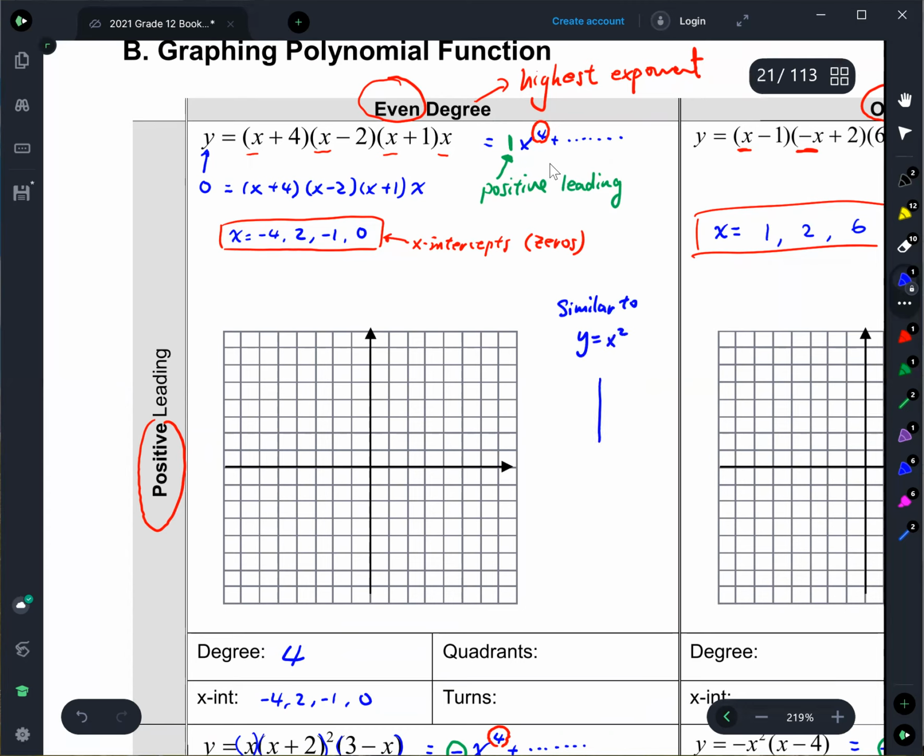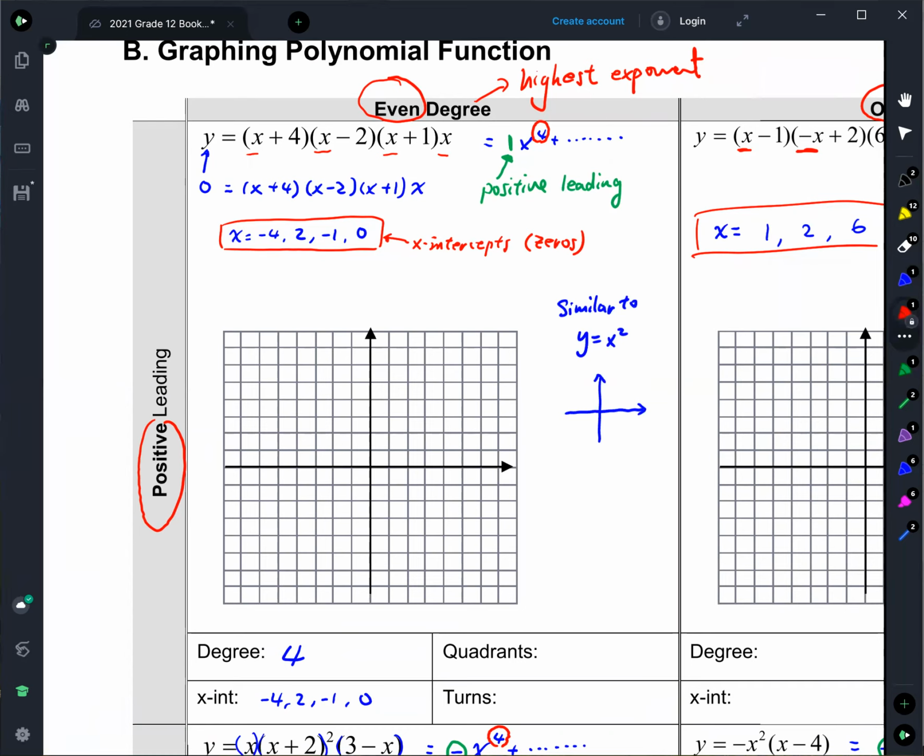And y equal x squared, I think everyone should know what that looks like. Chris, what does y equal x squared look like? Parabola. Yeah, it opens up or down? Up. Up, very good. So your arrows, the two ending arrows, will be in quadrant 1 and 2. So that means x to the 4, this question will also have arrows here and here.